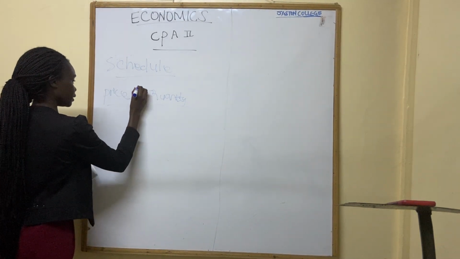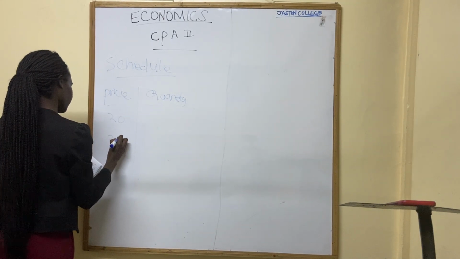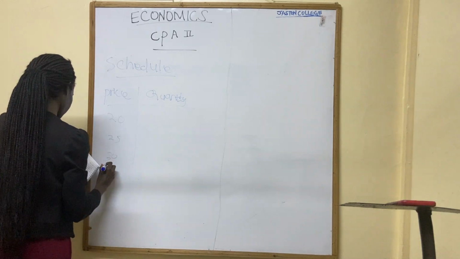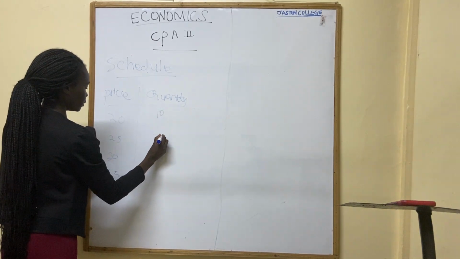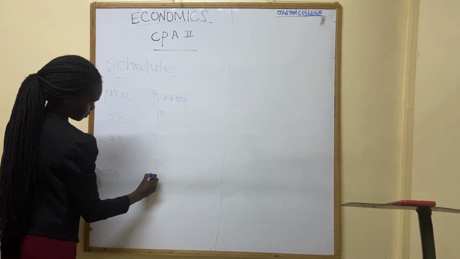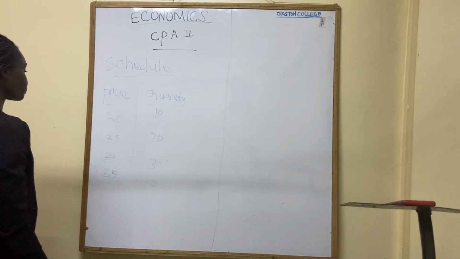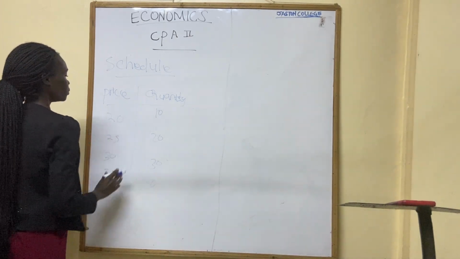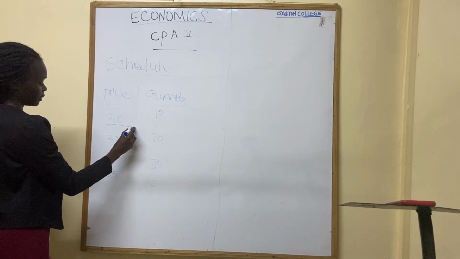Let's say here is 20, 25, 30, 45, and here is 10, 20, 30, 40. This is a schedule. In a schedule, you see here the prices.